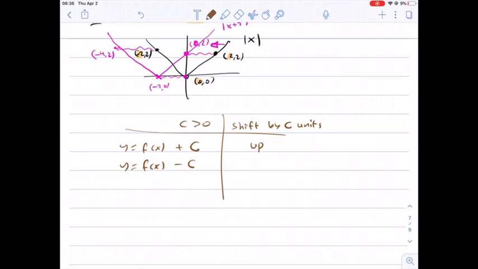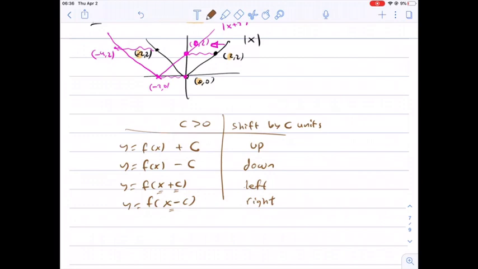And if we subtract some constant c from that function, we have shift by c units down. If we add to the variable, as we can see here, we added c to x, then we have shift by c units left. If we subtract from the variable, we have shift to the right.